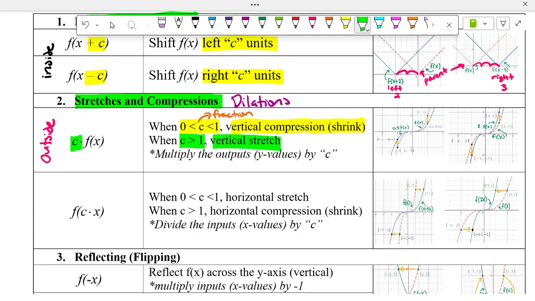I like to think about this in terms of it makes your graph narrower or wider, depending. And I like to use hair ties, rubber bands to kind of figure this out. So let's pretend the non-stretched version of this graph is like this hair tie. If I stretch it vertically, what's happening to my hair tie? Width-wise, is it getting wider or thinner? It's getting thinner. So a vertical stretch makes your graph narrower.